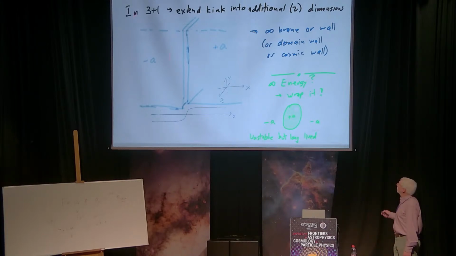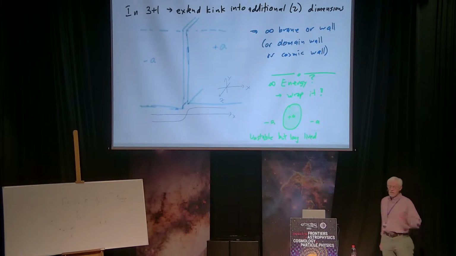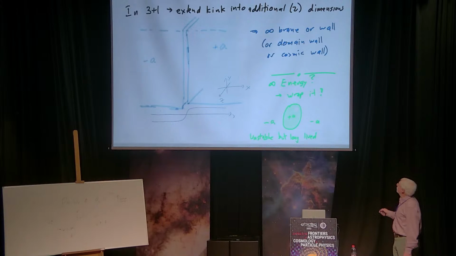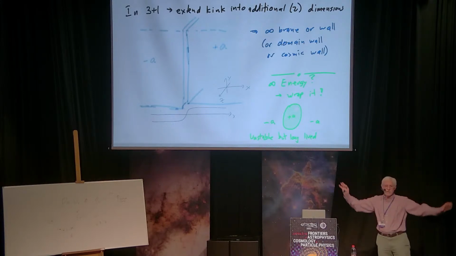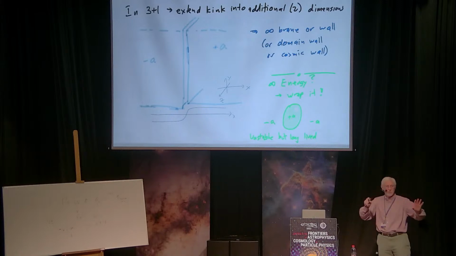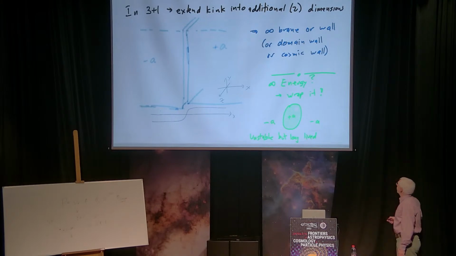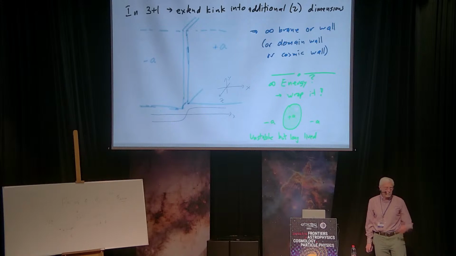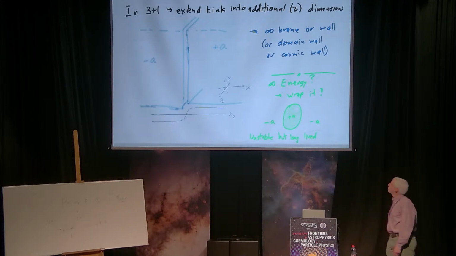So basically, you have half of space, 3-dimensional space, at value minus a, half at value plus a, and then in between, there's this sheet. Instead of a point here, is now a 2-dimensional sheet over which the value of phi changes from minus a to plus a. So this is a domain wall, and people study this in cosmology, the possible creation of domain walls.